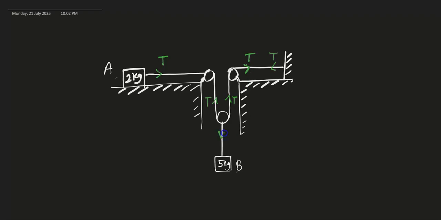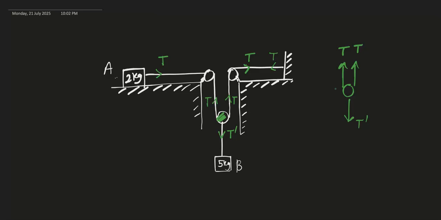Let's say the tension here is T dash. Now let's find out what T dash is. Assuming that this pulley is a massless pulley, if I draw the free body diagram of this pulley, I will get two tensions upwards, that is T plus T, and another tension downwards as T dash.